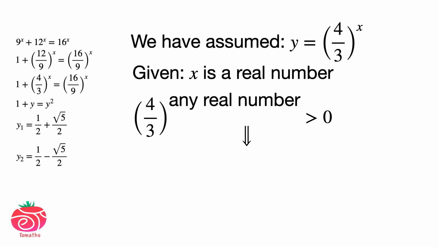So y is greater than 0. From the previous results, we have two possible values for y. But since y2 is negative, we must cancel it out and take y1. So the only possible value for y is y equals half plus square root of 5 over 2.